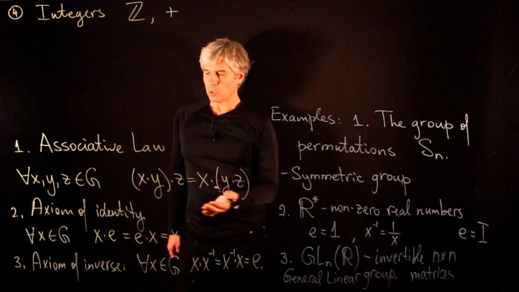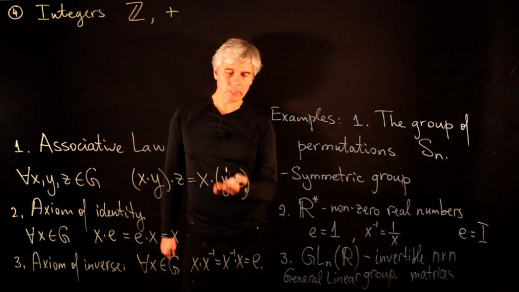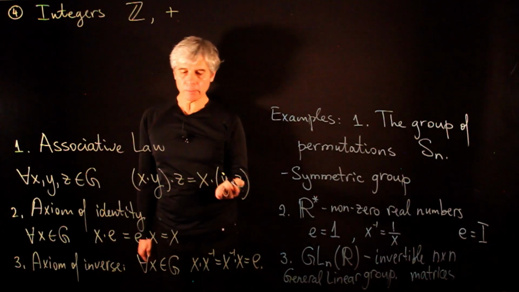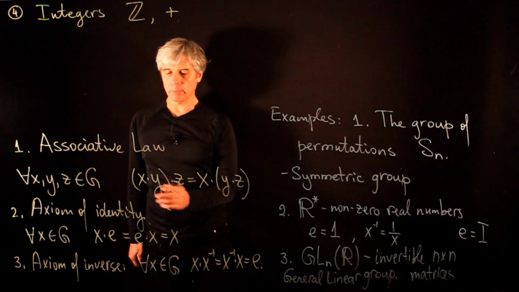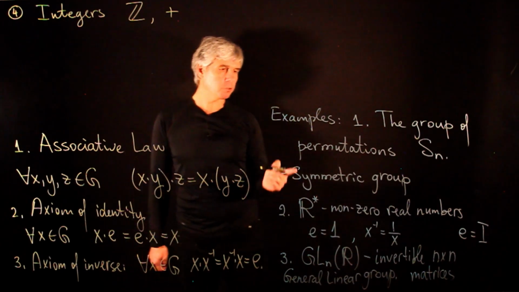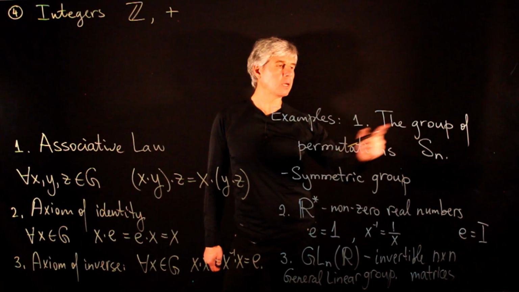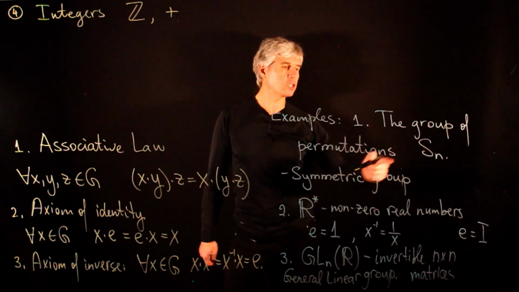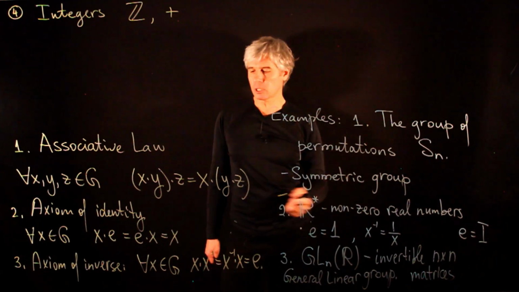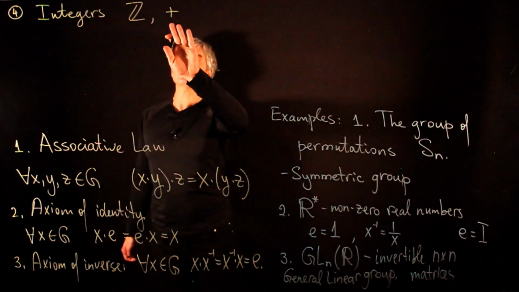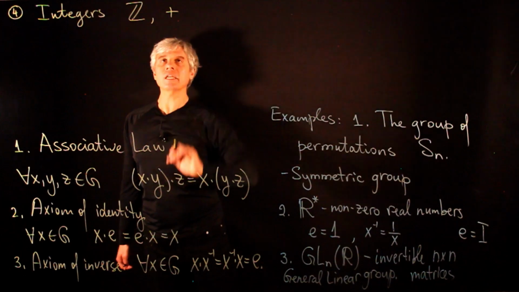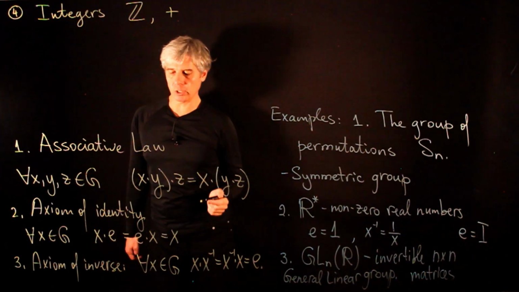Now, when we discuss groups, what's important for us is not the notation for the operation of multiplication, but the properties. We already saw that in the group of permutations, the multiplication is denoted not by a dot, but by a circle. So why not use other notations for the group operation here?